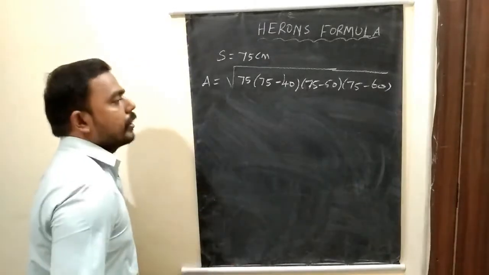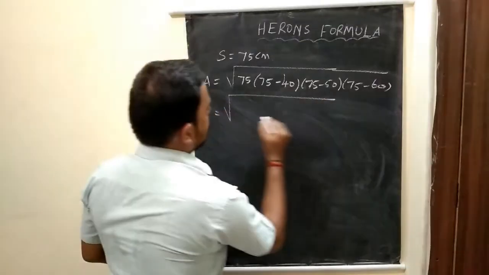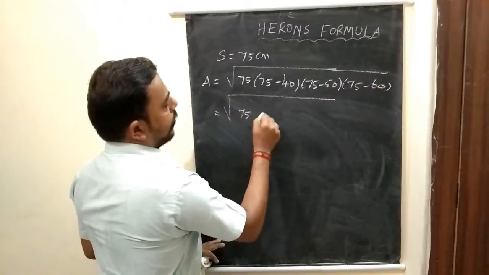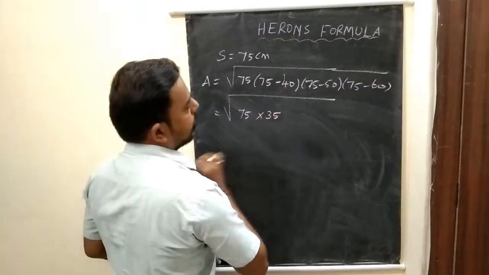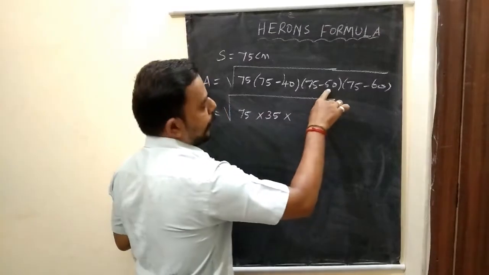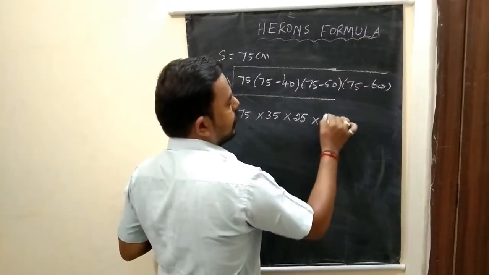For that idea, don't multiply anything. 75 into 75 minus 40 is 35. Next, 75 minus 50, 25. 75 minus 60, 15.